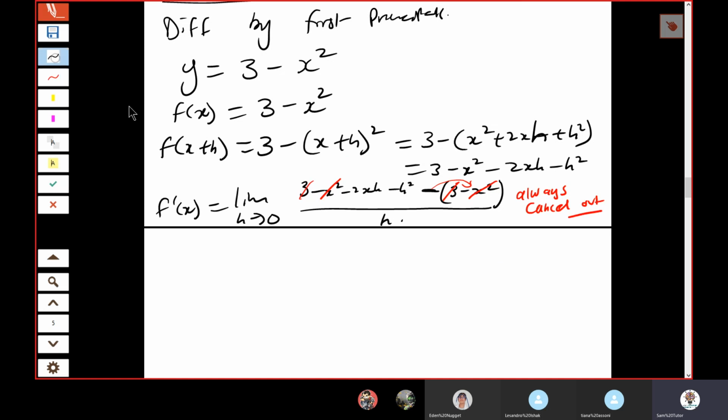All right, obviously you are at this stage now: limit h approaches 0, minus 2xh minus h squared on h. You can probably just see it, cancel, cancel, cancel. Sub in h equals 0. Your answer is just negative 2x, and you're done. Any questions?